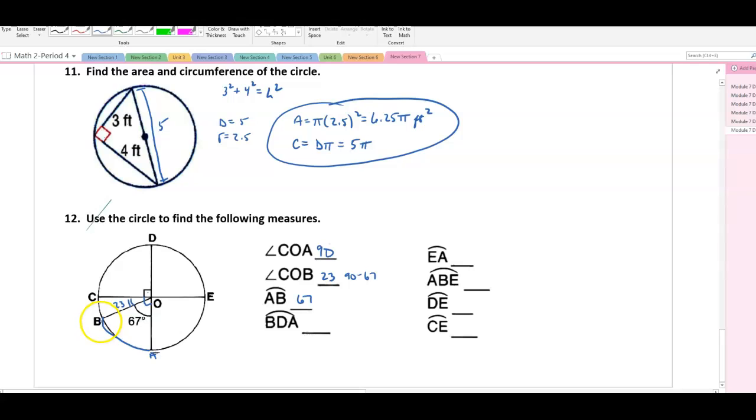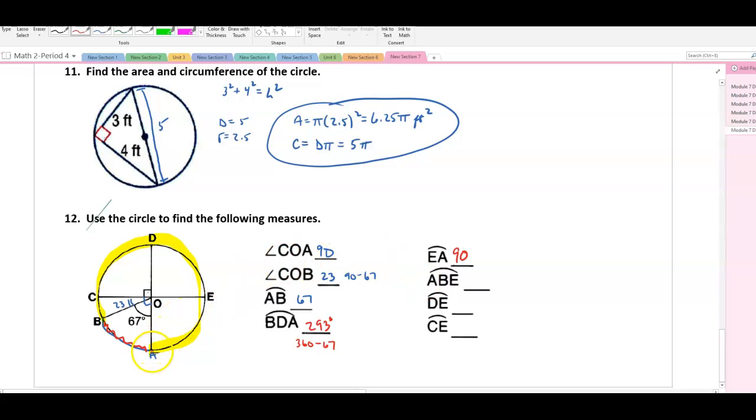Now, arc B, and here's the thing, when you go from B all the way to D around to A, you're either going to add up all of these arcs, or the easiest way we said the other day was to do 360 minus the arc we are not including, which is 67, and 360 minus 67 gives you 293 degrees. Arc EA is 90.